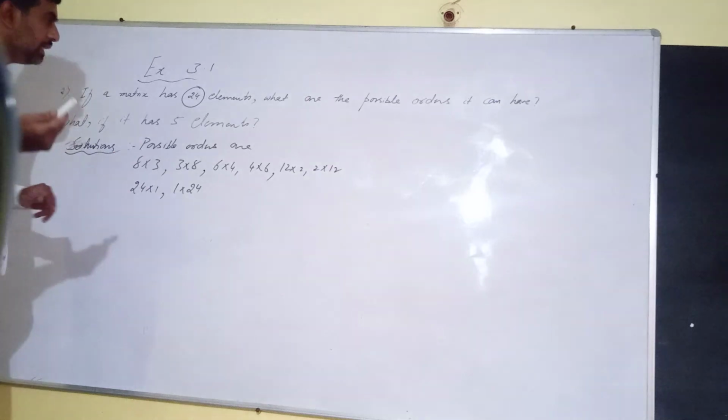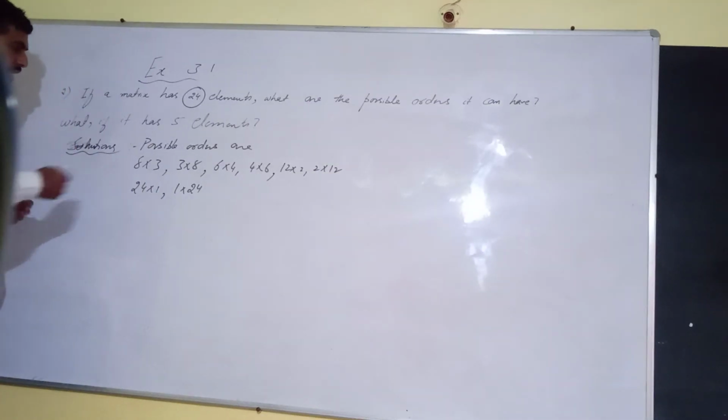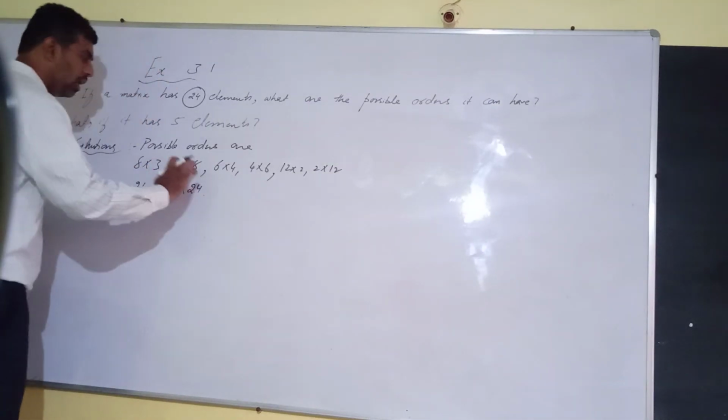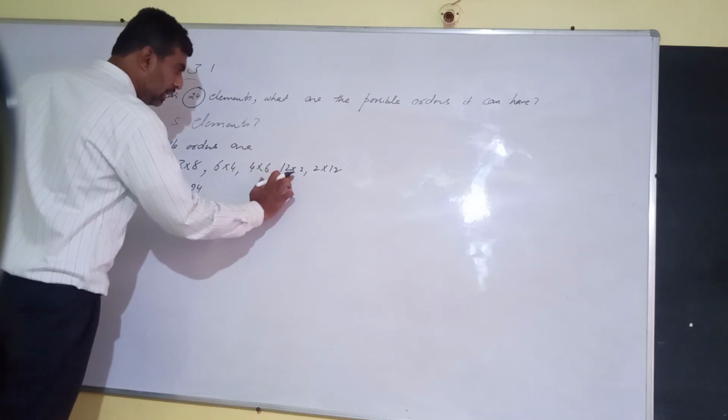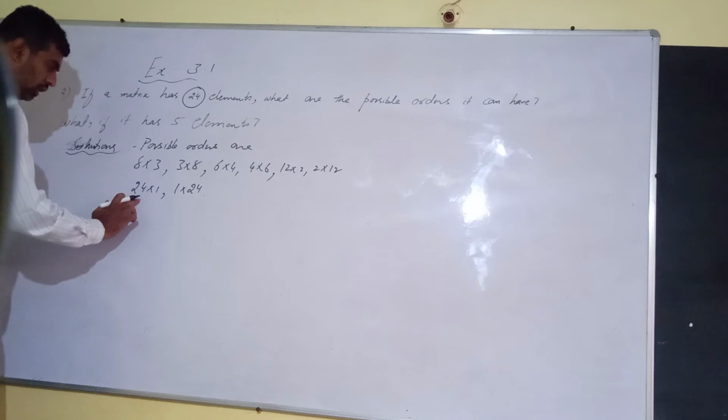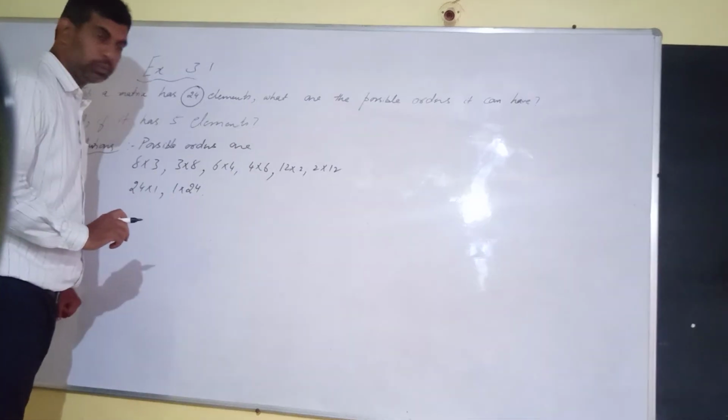Any other possibility? Check. No. Then this is the final answer. Possible orders are 8 cross 3, 3 cross 8, 6 cross 4, 4 cross 6, 12 cross 2, 2 cross 12, 24 cross 1, 1 cross 24.